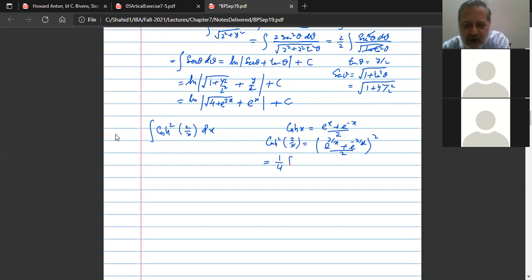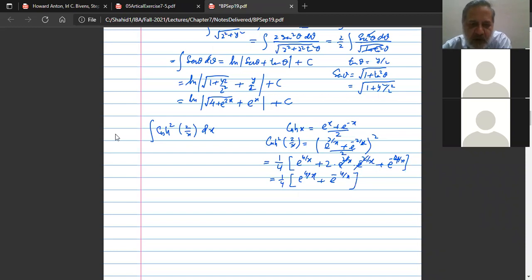So e power 4 by x plus 2 times e power 2 by x into e power minus 2 by x plus e power minus 4 by x. These two terms cancel each other, and we are left with 1 upon 4, e power 4 by x plus e power minus 4 by x.